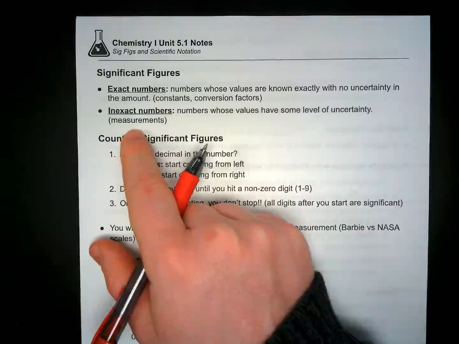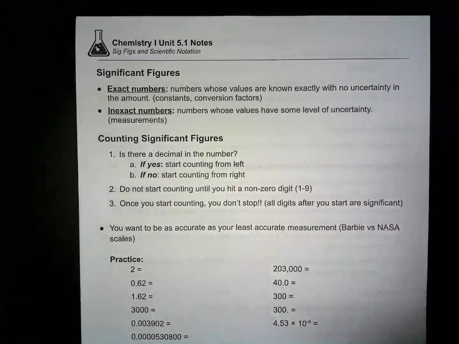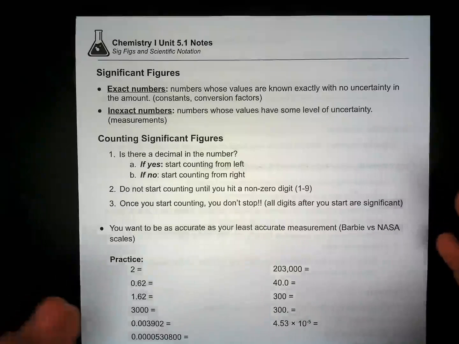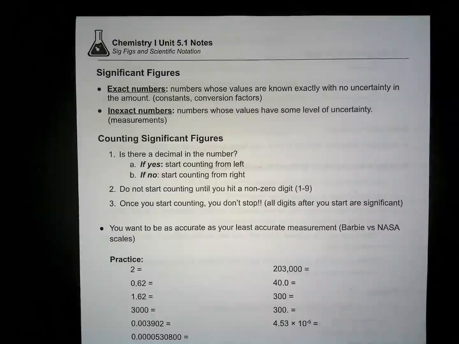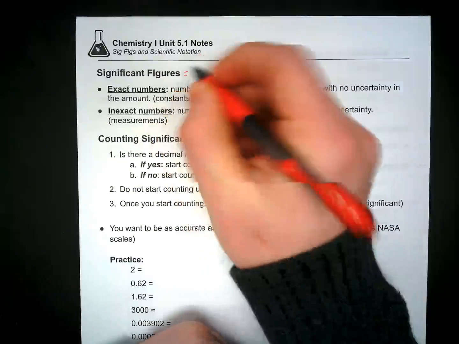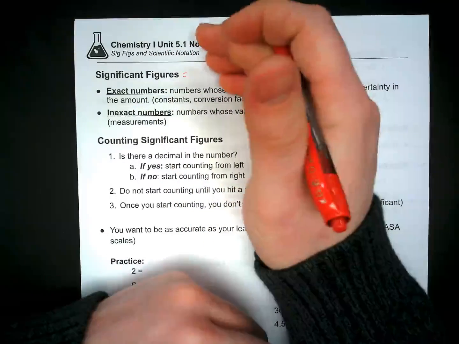So what do these have to do with sig figs? Well, we need to know what sig figs are first. Well, what are sig figs? Well, sig figs, and we can just write this up here. Significant figures.